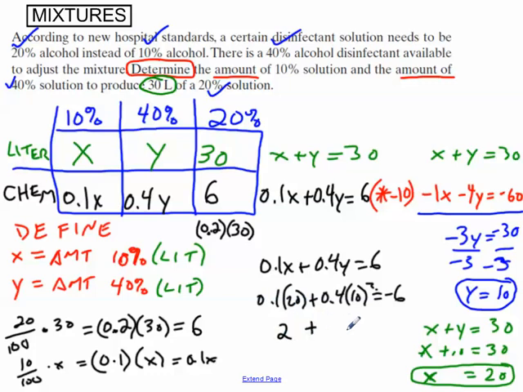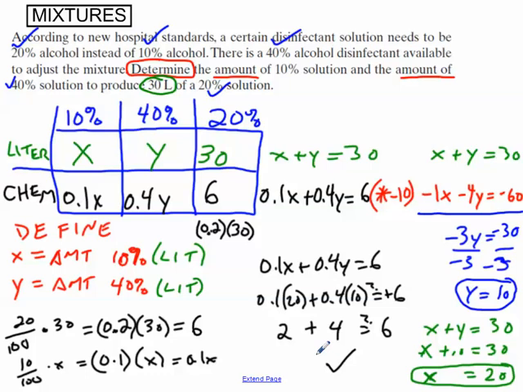And you can take out a calculator if you need. 0.4 times 10 would be 4, equals question mark, whoops, that should be positive 6. I don't know why I put a negative 6 there. 2 plus 4 equals 6. Yep, sure enough, it checks out, and we're done.